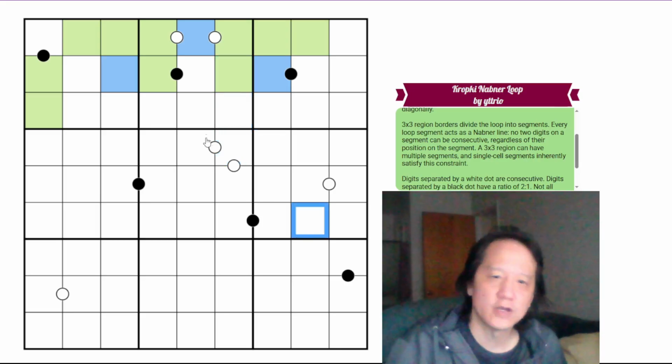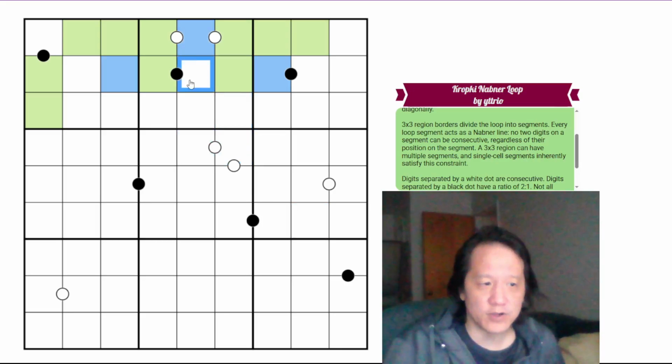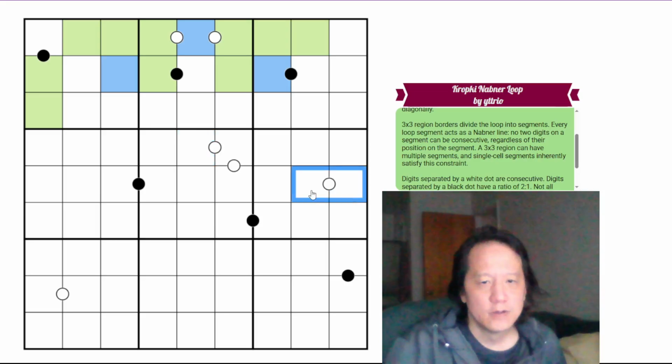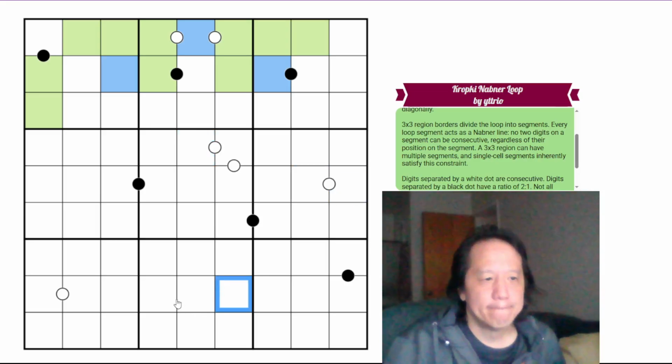Huh. Okay. So this one could not ever enter in and then exit out because that was a problem there. Let's see. It has to be part of this loop. One of these two cells must be part of the loop, so it has to go here, which means this cannot go this way.